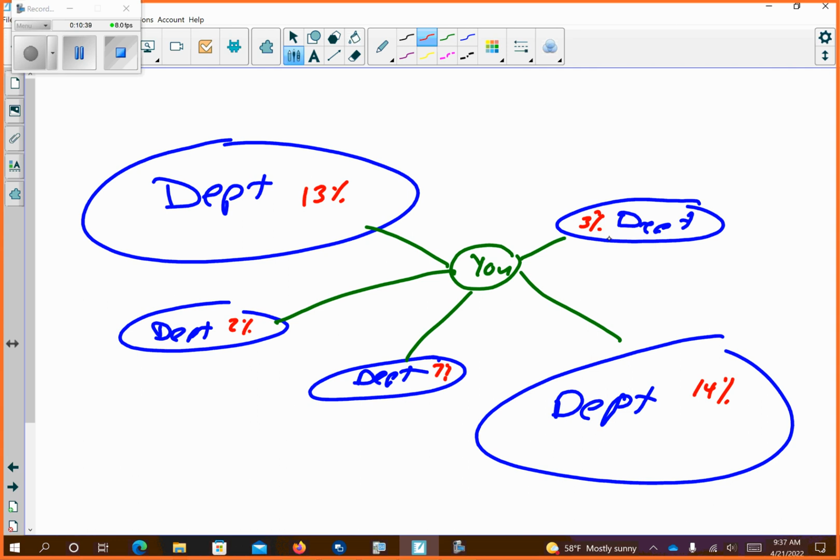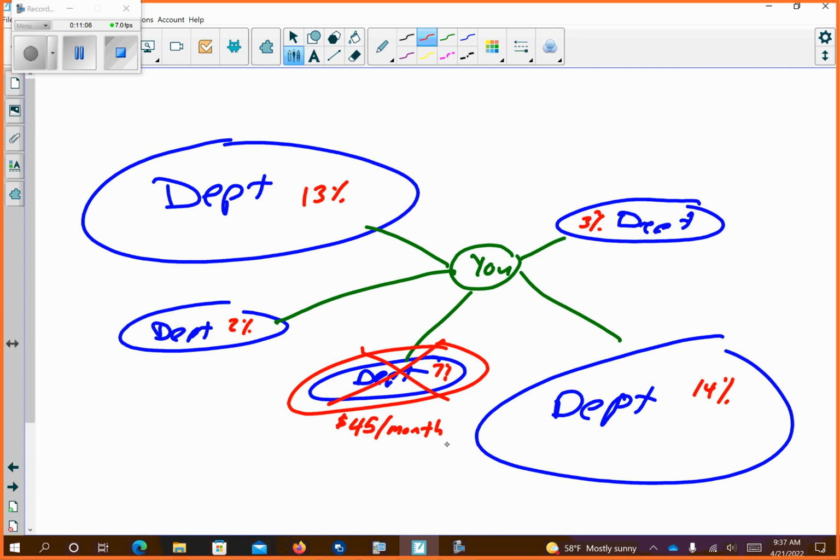So if you find that you have gotten yourself into debt, the best thing for you to do is you find your smallest debt and you aggressively pay that off first. Okay? So let's say the minimum payment on this was $45 per month. And this is what you're trying to pay off.